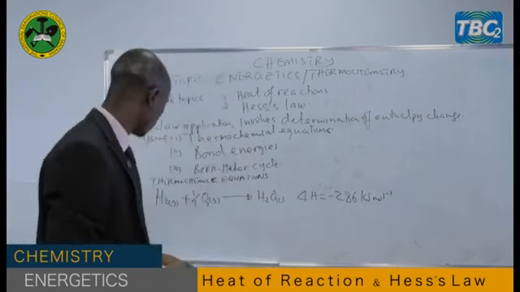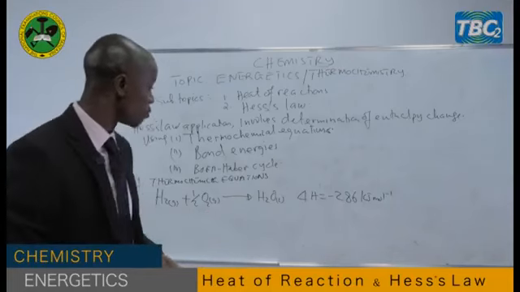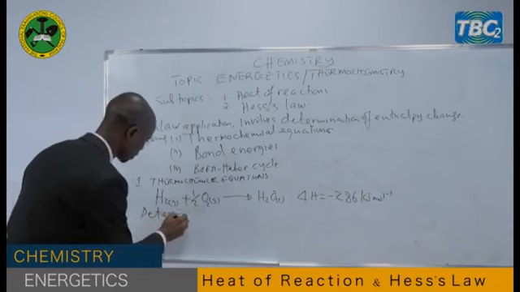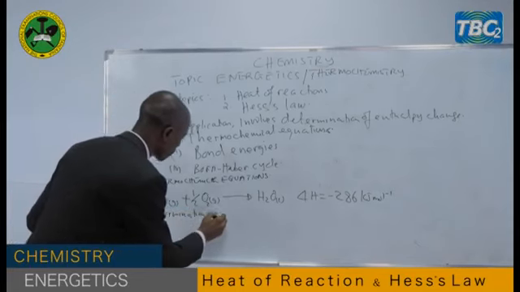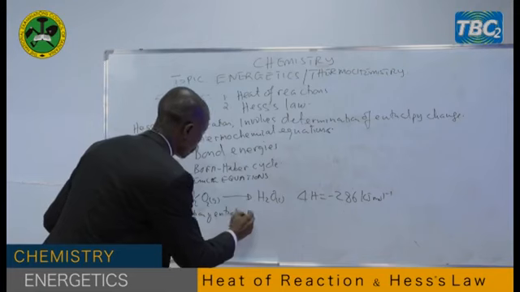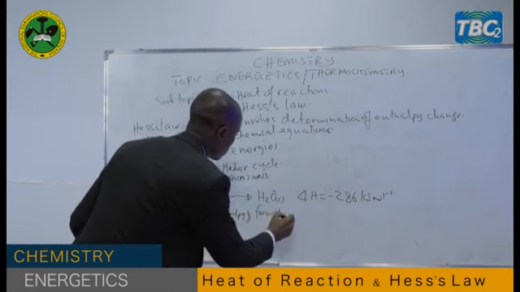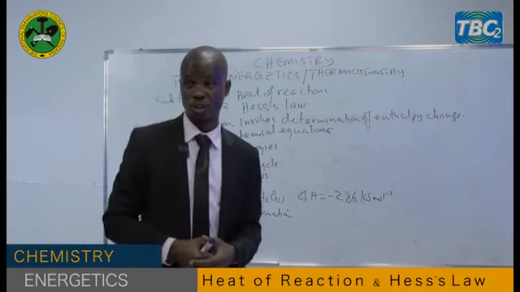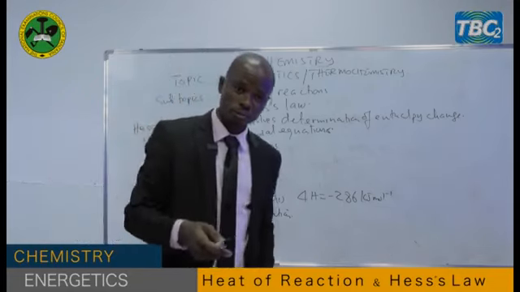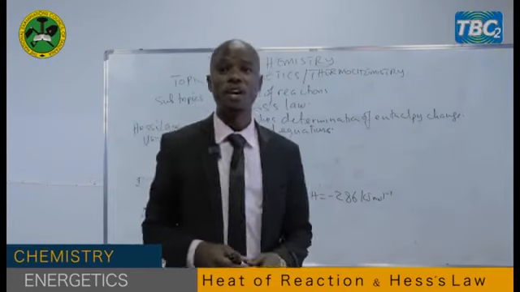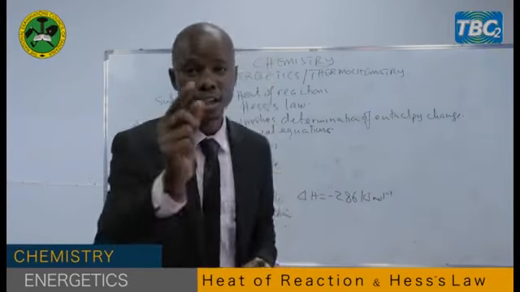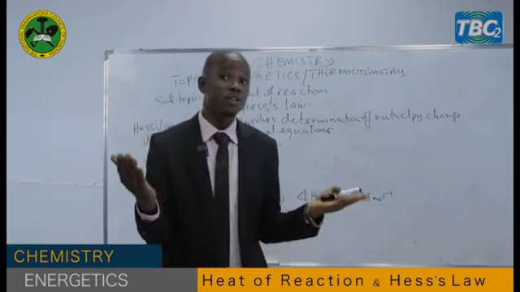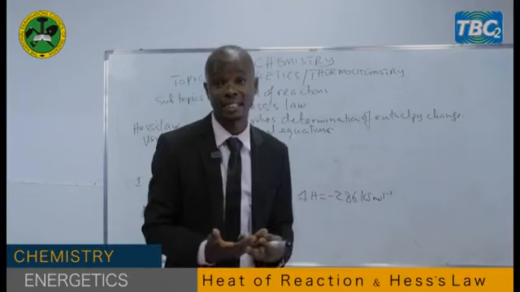My dear students, when you are told, for example, to find the enthalpy of formation, determination of enthalpy of formation using thermochemical equations, you know, the heat of formation of the compound can otherwise not be obtained directly.